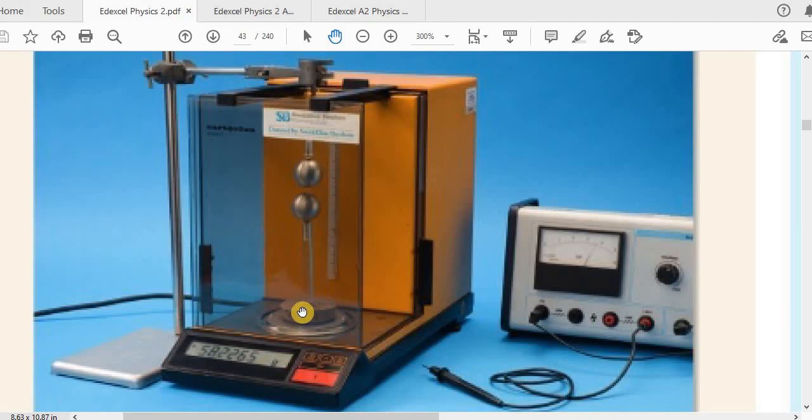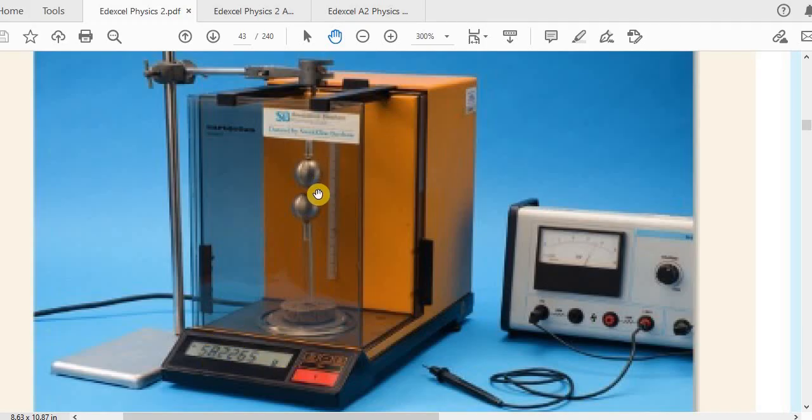So the one at the bottom can move a bit, because on the scale, the heavier it is, the more it will move down, and the greater the reading will be. When these spheres are charged, they will either repel or attract. If they repel, this will try to push this down, and the reading on the scale will increase.